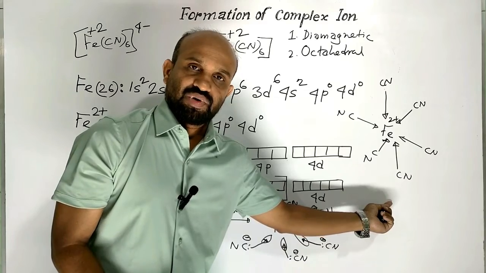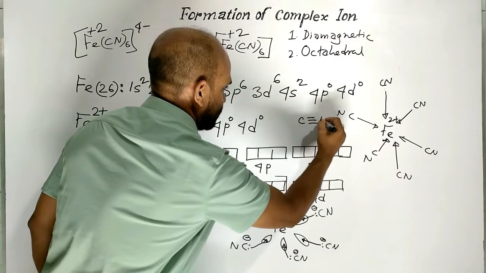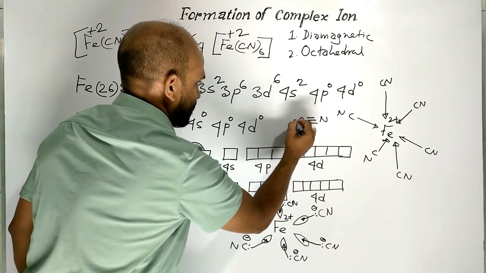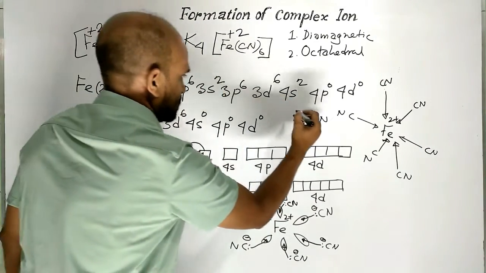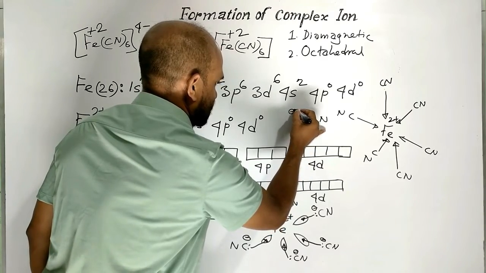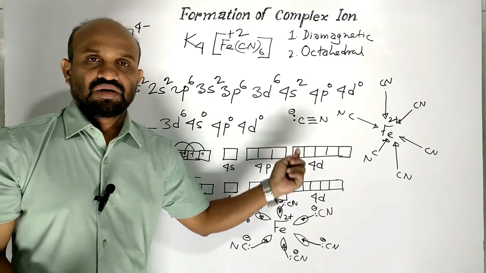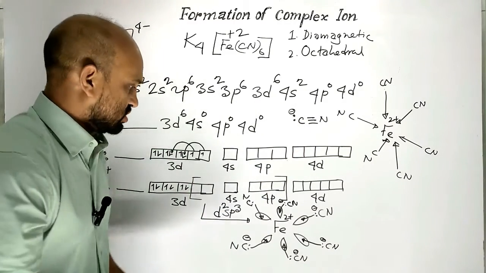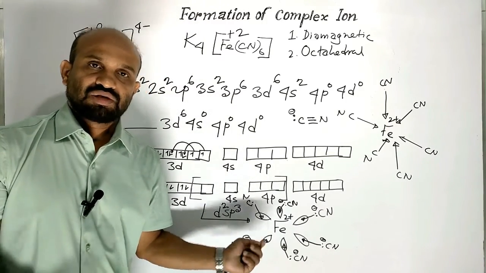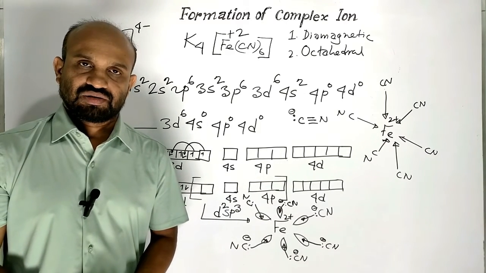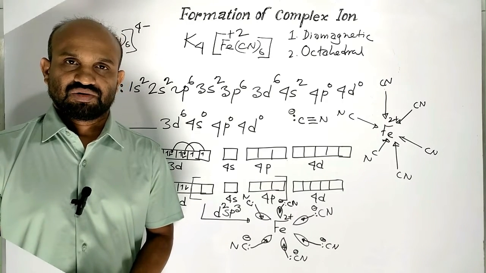Cyanide ion contains one pair of electrons, that is in this way: carbon, triple bond, one electron of carbon, another electron from potassium. That is why it is negative in charge with one pair of electrons. This is negative ligand, which forms coordinate covalent bond to the iron 2 plus ion with vacant hybrid orbitals. In this way, hexacyanoferrate 2 complex ion is formed.